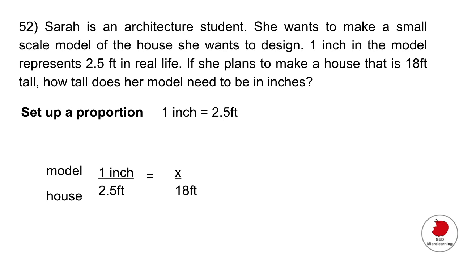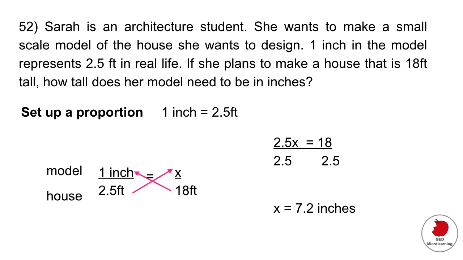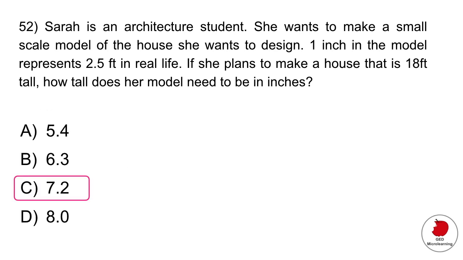All right, so you would set up your proportion like that because we know that the house is 18 feet in real life, and then what we want to find is x, how tall that model would be. So once again, as in the example, we multiply across like that and solve for x. The way that you isolate x in that equation is just divide by 2.5 on both sides, and that gives you 7.2 inches, which is option C.